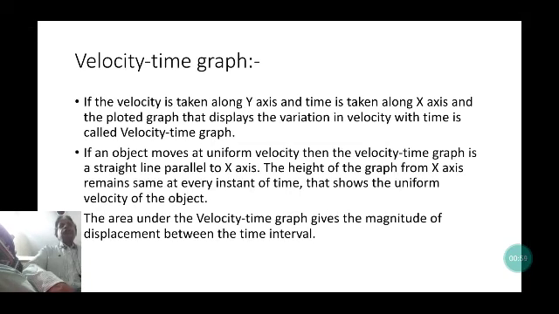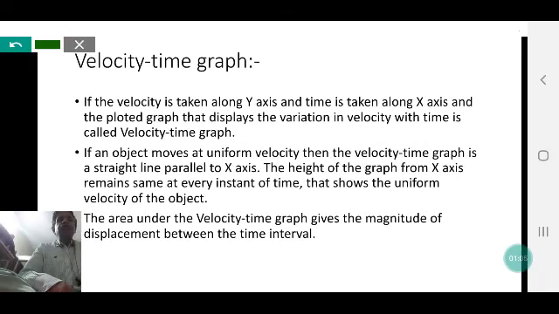First, you should know what the velocity time graph is. If the velocity is taken along the y-axis and the time is taken along the x-axis, and the plotted graph displays the variation in velocity with time, it is called the velocity time graph.